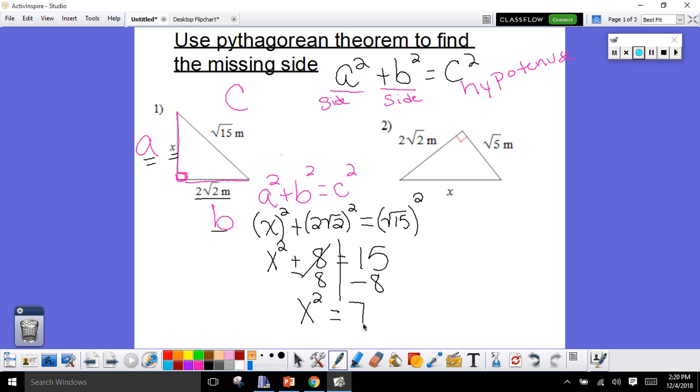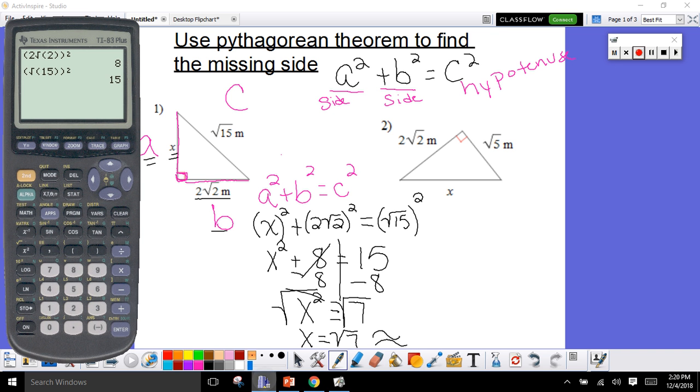Notice how I have an exponent of 2. To cancel the exponent of 2, now I must take the square root. Whatever I do to one side, I do to the other. This will cancel out, and my answer should be x equals the square root of 7, or if we're doing yesterday's paper, I told you guys could write decimals.